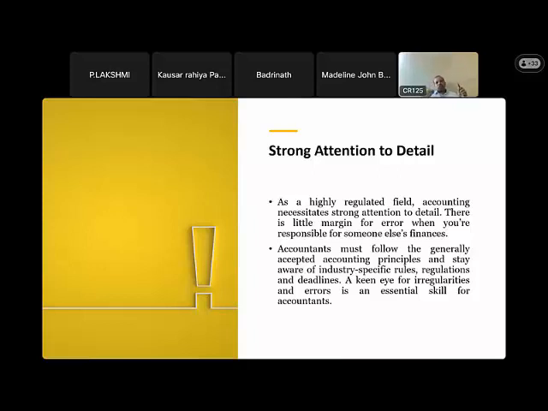So accounting needs strong attention to detail. There is little margin for error when you are responsible for someone else's finances. If you make a large error, then the consequences will be huge. Right? So accountants must follow the generally accepted accounting principles and stay aware of industry-specific rules, regulations, and deadlines.